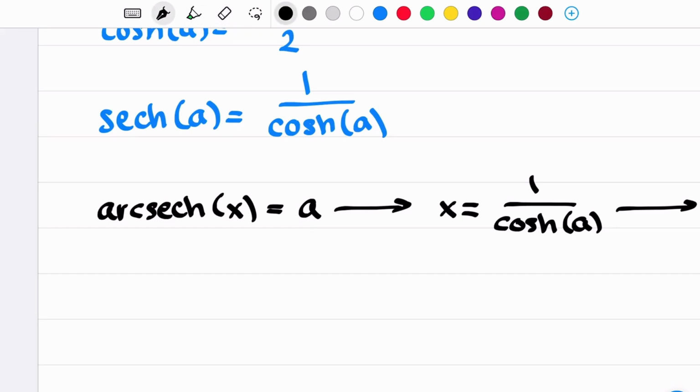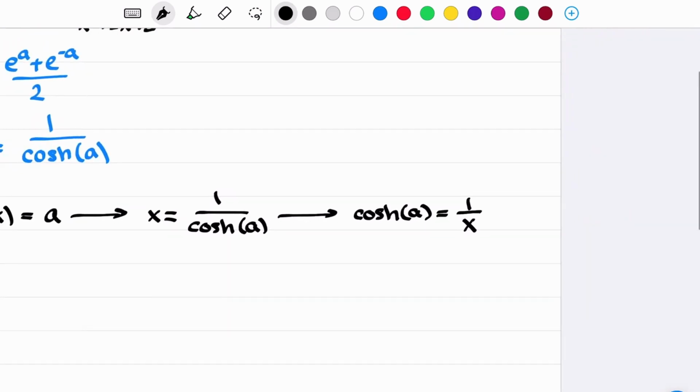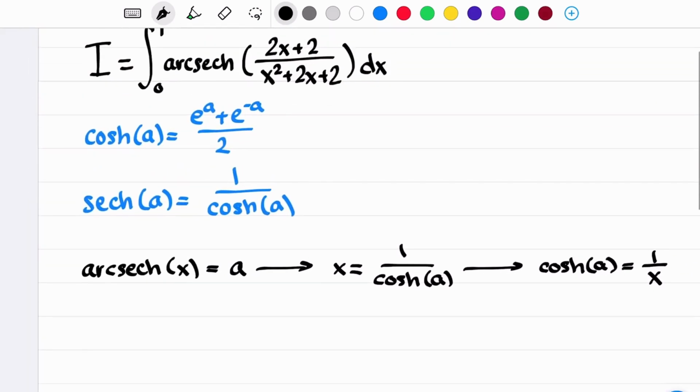Now, what we do have over here is that hyperbolic cosine of A equals 1 over x. Now I'm going to zoom out a bit and go back up here. And if we recall, hyperbolic cosine of A is e to the A plus e to the negative A over 2. So I'm going to rewrite that down here in the middle. I'm going to substitute this definition in for this.